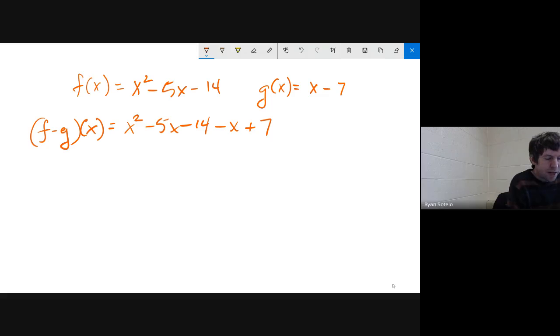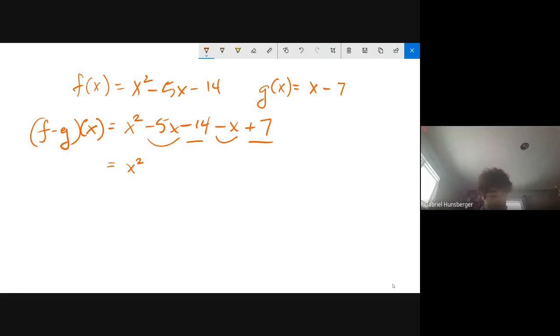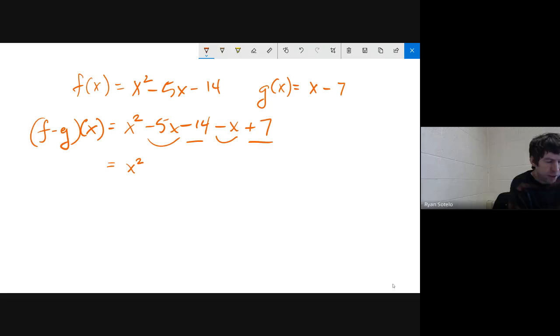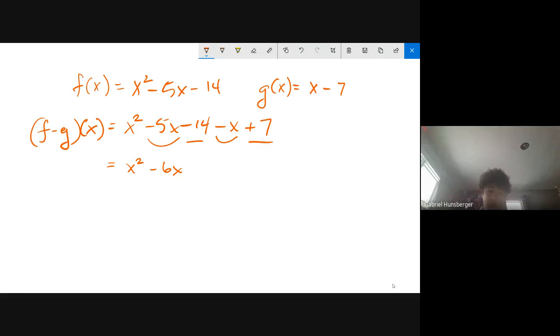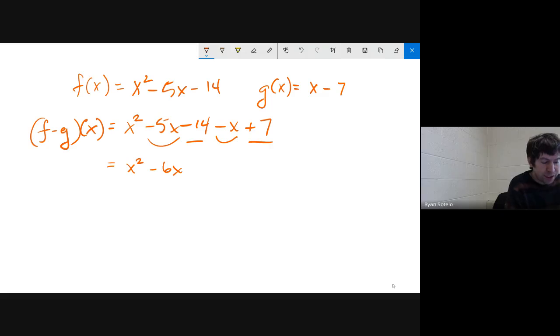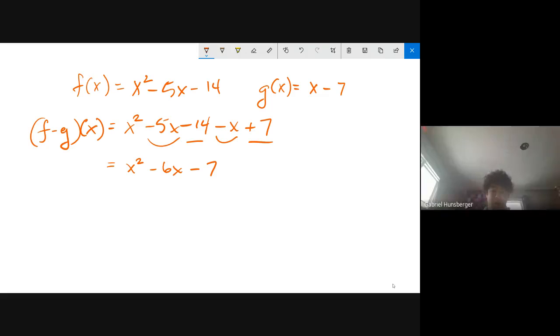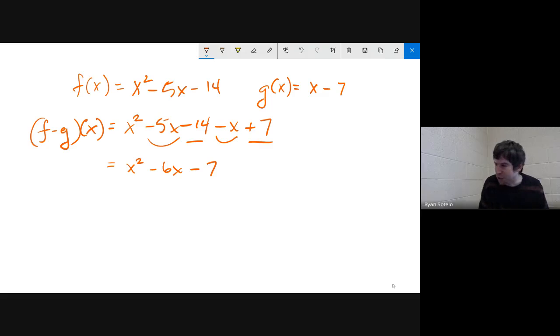And then you just have to combine your like terms. Here are your x terms and here are your constant terms. You can't do anything with x squared. That's all by itself. Minus 5x and minus 1x will make a minus 6x. And then you've got a minus 14 and a plus 7. I guess that's a minus 7. That's how you would do those.